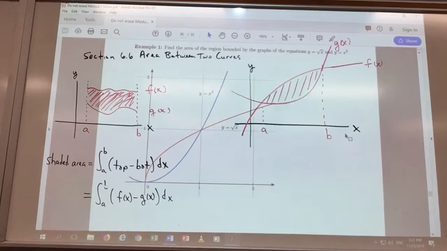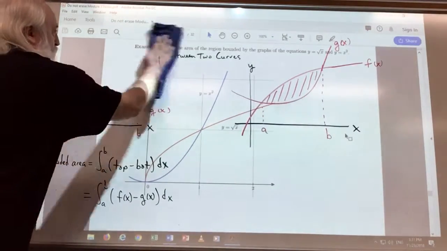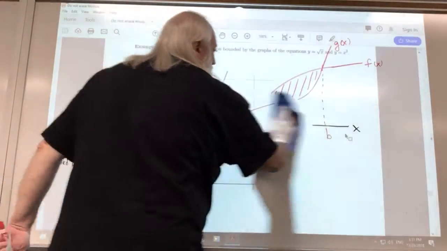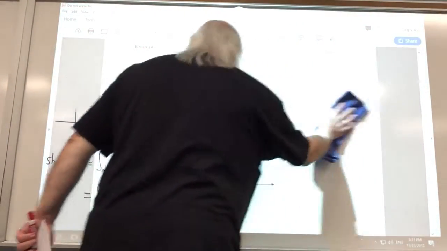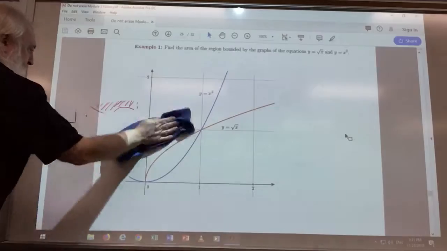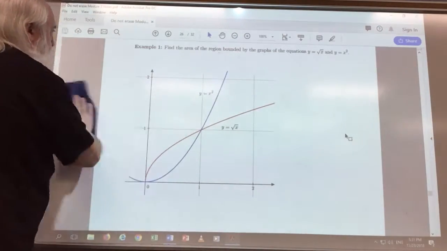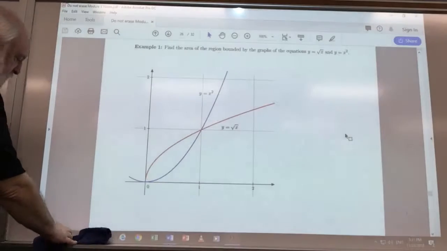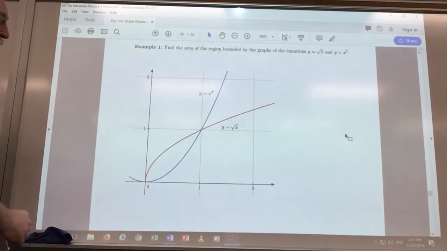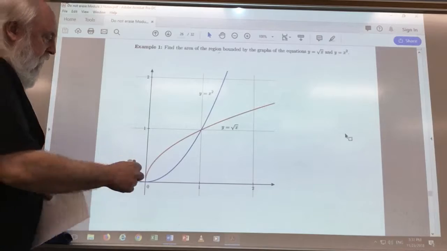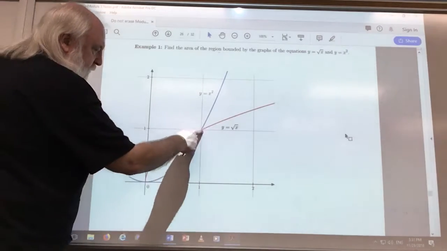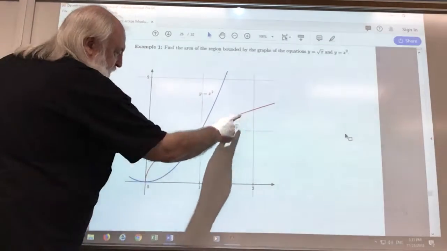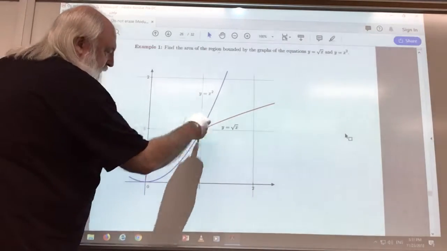So on page 93 of your note packet, we have example 1. We want to find the area sandwiched between these two functions. The red curve is the top function and the blue curve is the bottom function.